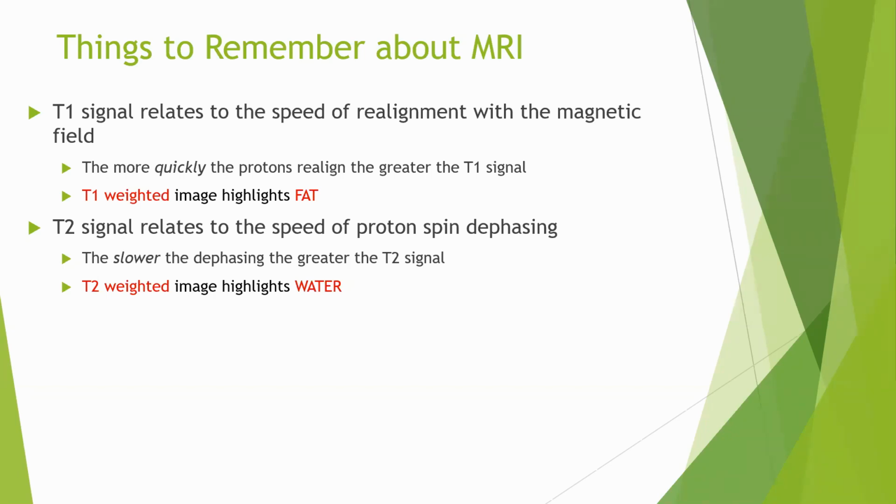All right, good. So now coming back to things to remember about MRI. This is exactly what you have to remember: T1 signal and T2 signal. There might be many different variations of MRI, but what we need as ortho specialists, in orthopedic or musculoskeletal practice, is T1 weighted images and T2 weighted images.